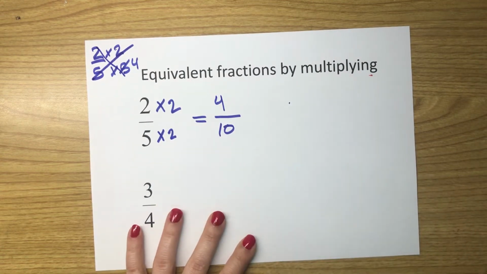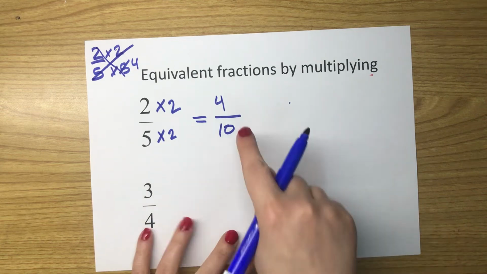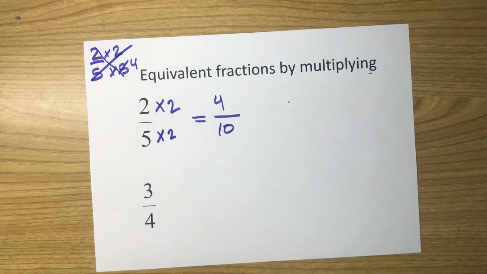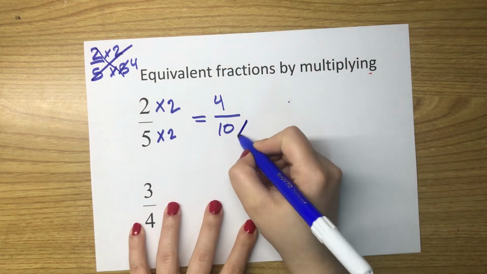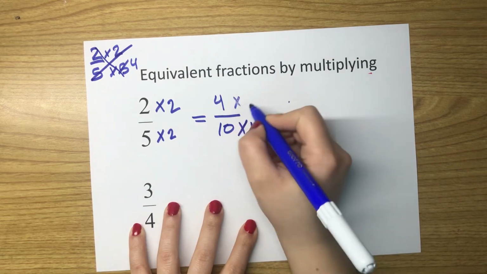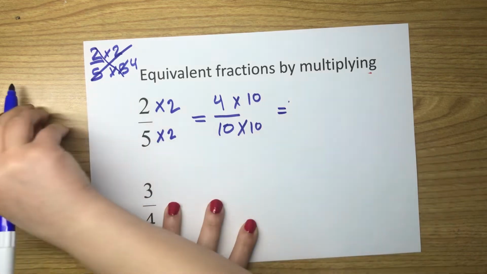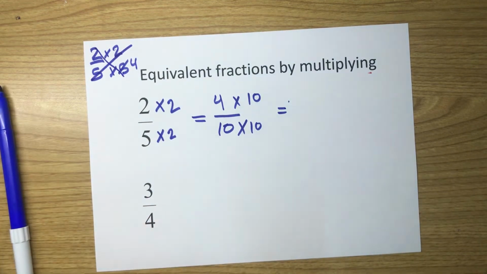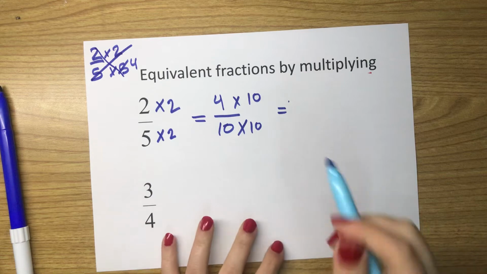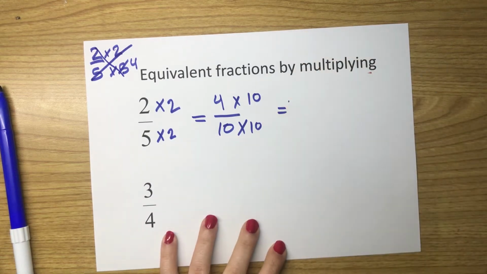Give me another equivalent fraction of it. I can use this one and multiply it again to find an equivalent one. Here is the game. I'm going to multiply numerator and denominator by 10. Look what's going to happen, because I want you to figure out something in my mind.